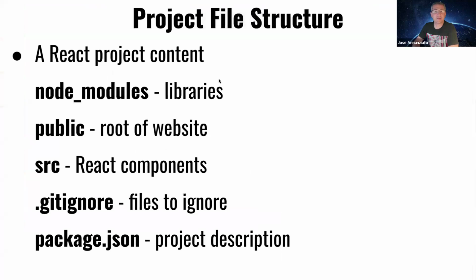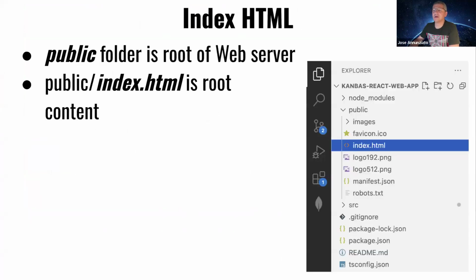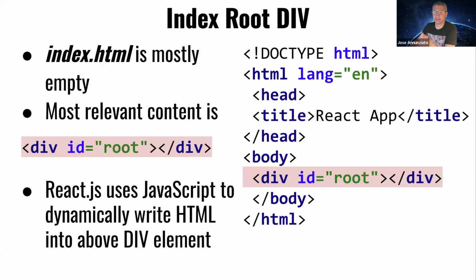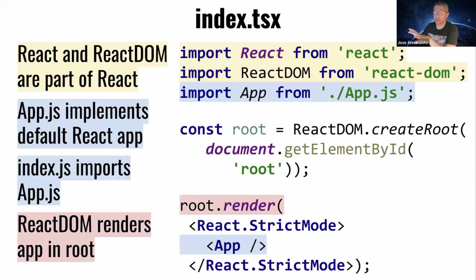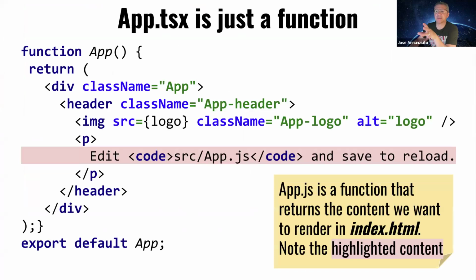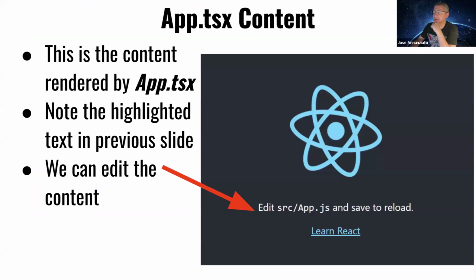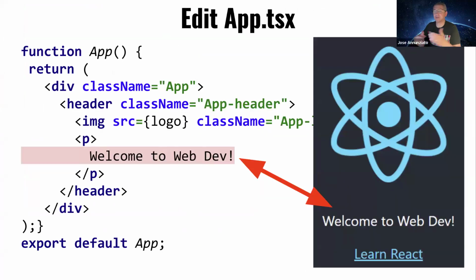A lot of the things that we just discussed are available here on the slides to follow along. We discussed the content of index.html, the div with the ID of root, and how the index.tsx is responsible for injecting the content that is generated by the app function, and it generates that content that you see on the screen. And we can edit the content of the app.tsx to create our own content.